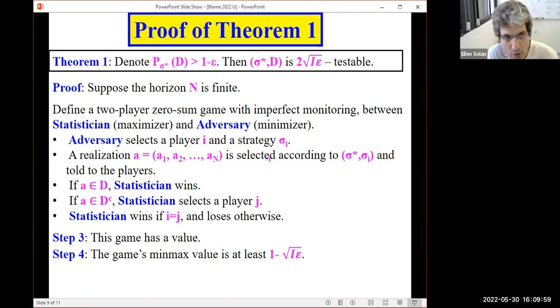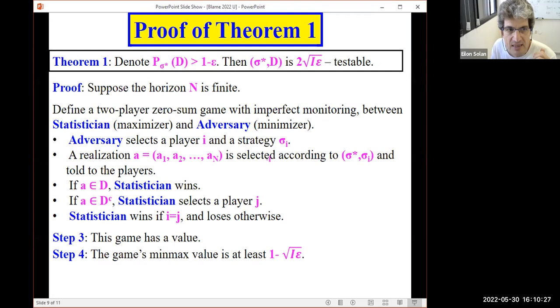So what we do, we say, okay, since the probability of D is at least 1 minus epsilon, and since all probabilities over the space A to the power infinity are regular, we can approximate D from below by a closed set. So we can assume without loss of generality that the set D is closed.